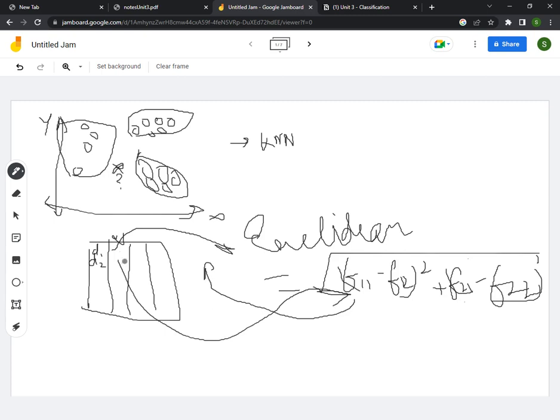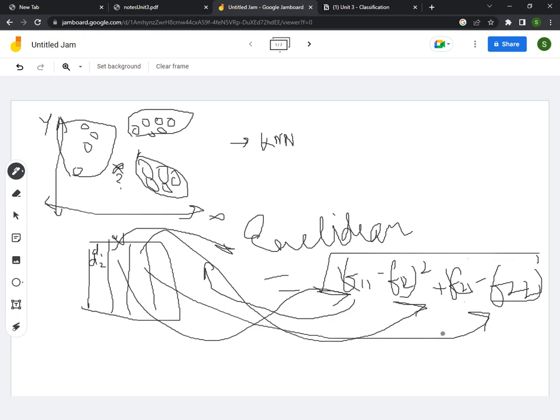We subtract both and take the square of the whole expression. We do the same with feature 2 for data element 1 and feature 2 for data element 2. In this way we find the distance between two data points.